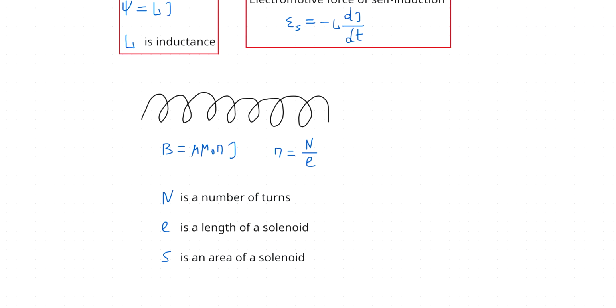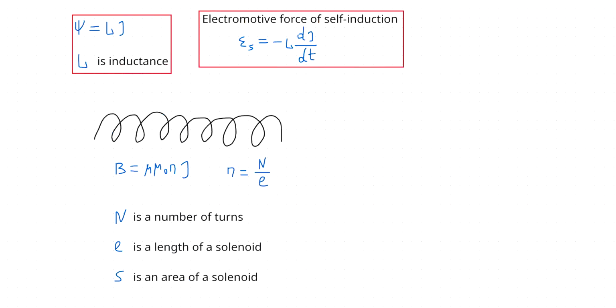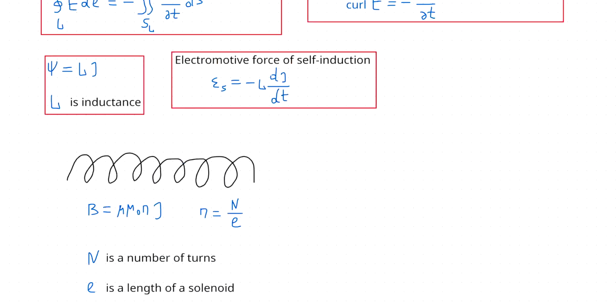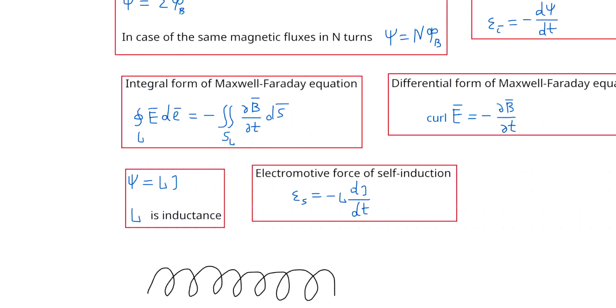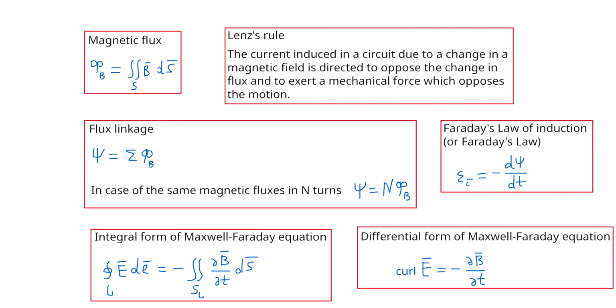Okay, so the question is how to find the inductance of the solenoid in this case. To find this, let's calculate the magnetic flux first.